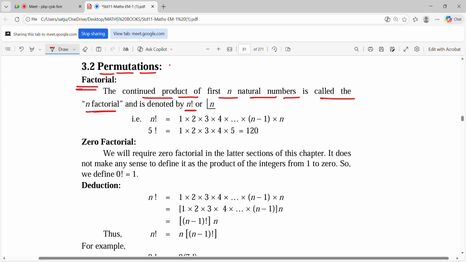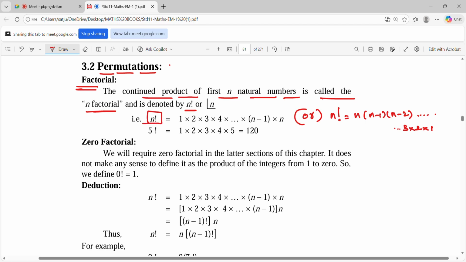In some books, n factorial is written as n into n minus 1 into n minus 2 into, and so on, up to 3 into 2 into 1.